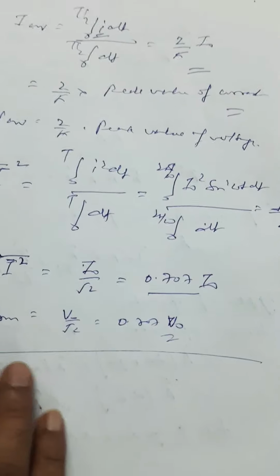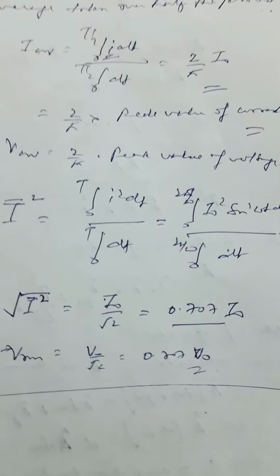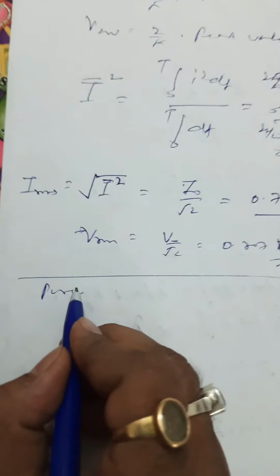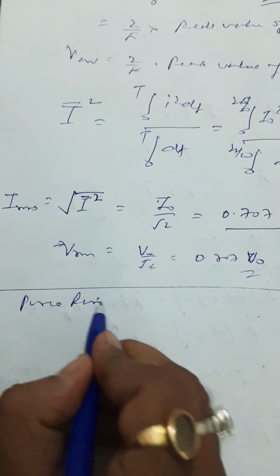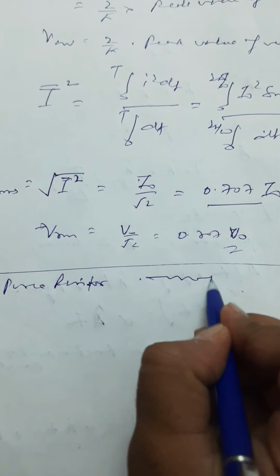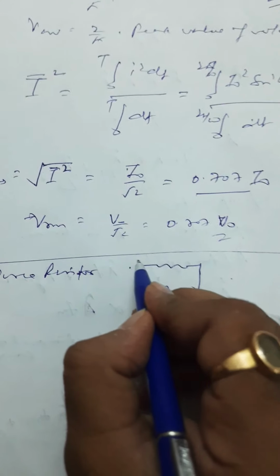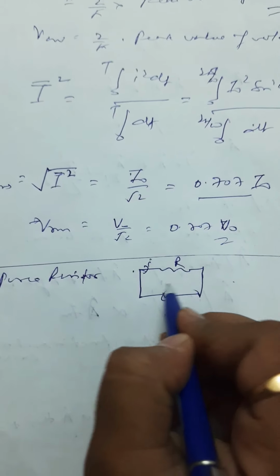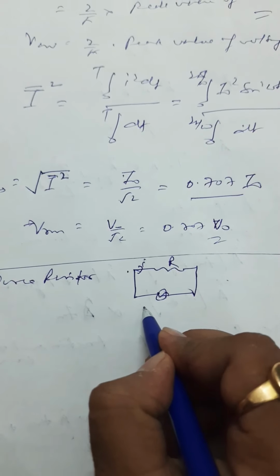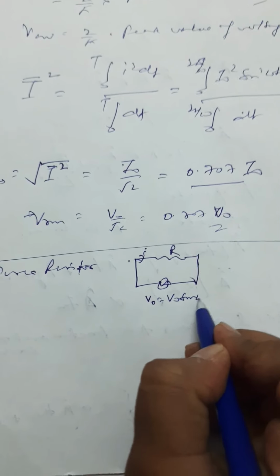Before moving ahead, we'll discuss the current-potential relation as far as the simple circuit is concerned. If we take a pure resistor, in this case we'll put an AC source over here, and then the current I is there with the resistor R. We have taken the initial potential difference V equal to V naught sine omega t.